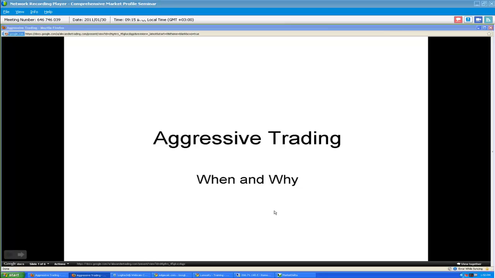Anybody want to take a shot at that? Now, there may be more than two practical things, but there are certainly two very practical trading things that you get out of knowing about the three-step process. Can anybody give me one practical thing that you can use in your trading because you know that?